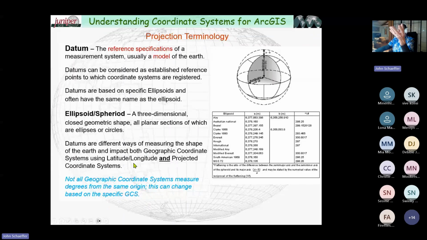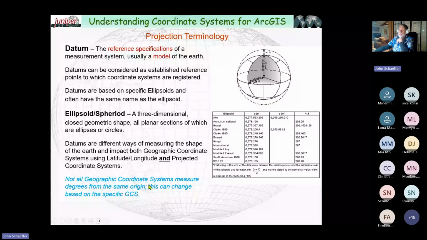You can actually have different geographic coordinate systems where the starting point is different. So even with geographic coordinate systems, you have to know what the underlying datum is. And also, of course, datums are different ways of measuring shape that are used in projected coordinate systems.